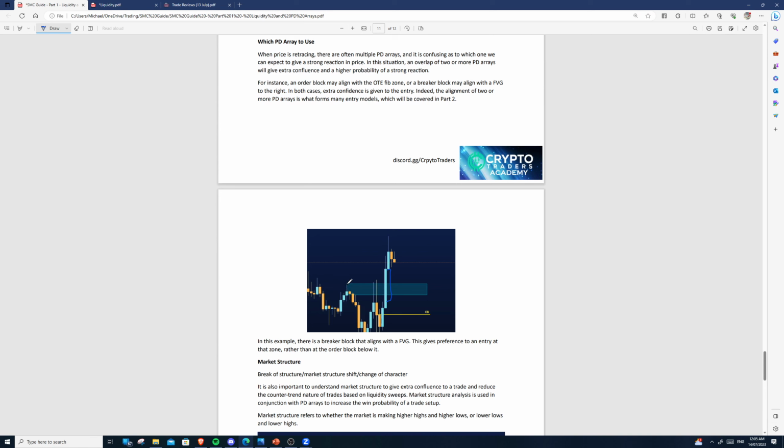It was previously a bearish order block that was broken through and now flipped from resistance to support, and that aligns with the fair value gap. So based on that, we anticipate that price will react from this level rather than this order block here, because there are multiple confluences at this point of interest.